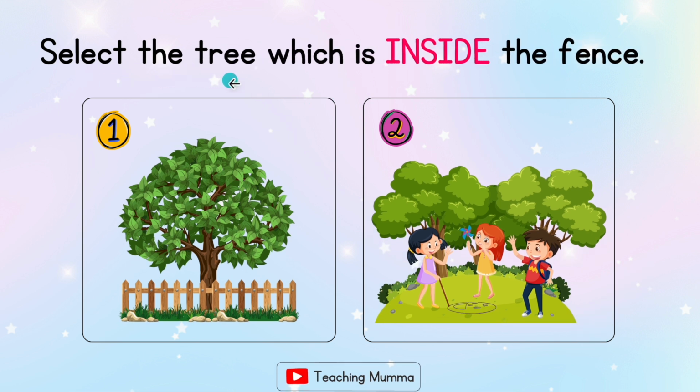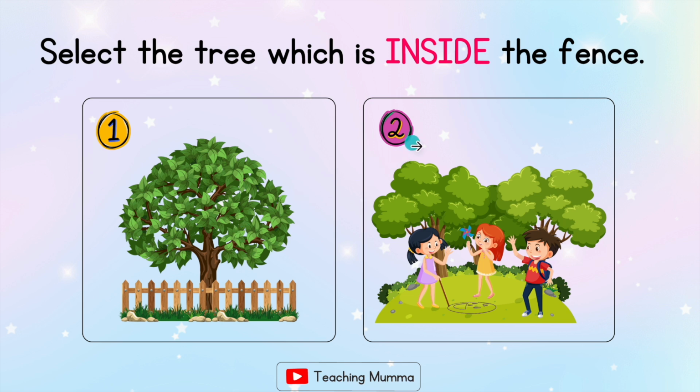Select the tree which is inside the fence. Option 1 and option 2. Can you tell me where the tree is inside the fence? This is a fence and the tree is behind the fence, which means the tree is inside.